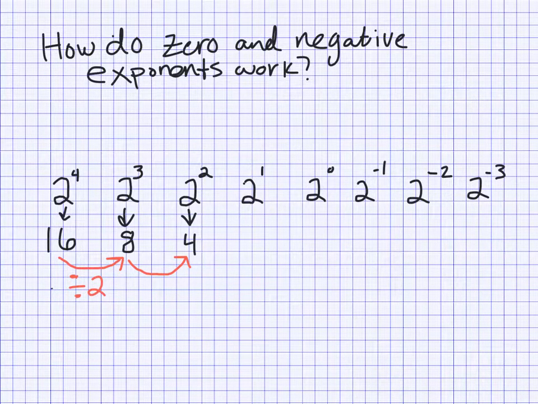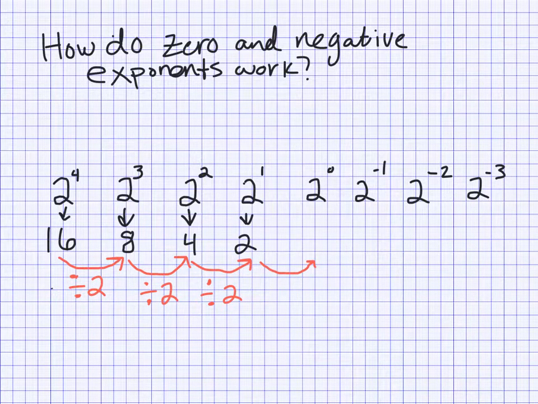All right, hopefully you're noticing that each time it goes, we are dividing by 2. So then we can continue that pattern of dividing by 2 and see if that holds for the next one. And 2 to the power of 1, that would be 2, so that works. Now, if we follow that pattern, what would that make the next number?